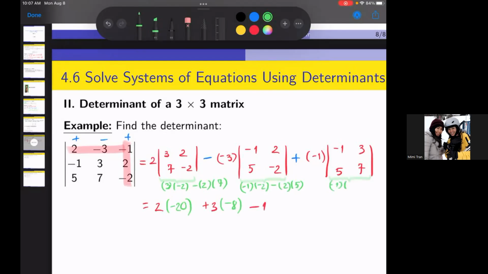Negative 1 times 7 minus 3 times 5. Negative 7 minus 15 is negative 22. Negative 40 minus 3 times 8, which is 2 times negative 8 is negative 24, plus 22. Negative 2, negative 42.